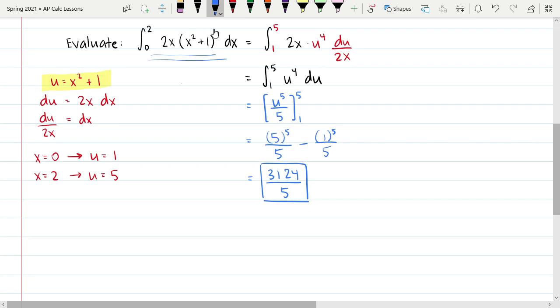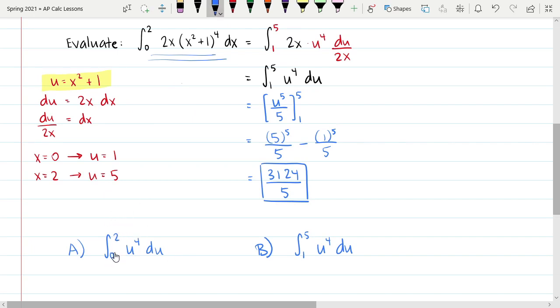And so one of the choices might be the integral from 0 to 2 of u to the 4th du, but another choice might be the integral from 1 to 5 of u to the 4th du. And if I hadn't shown you this particular method, and you didn't think too closely about the limits of integration, it's very likely you would have chosen A, when in fact that's not correct.